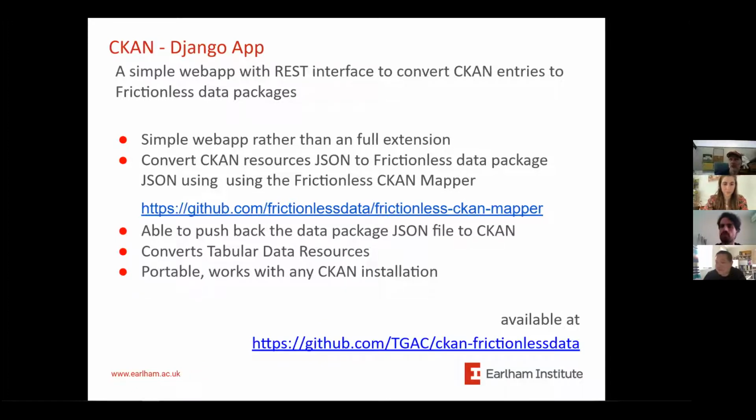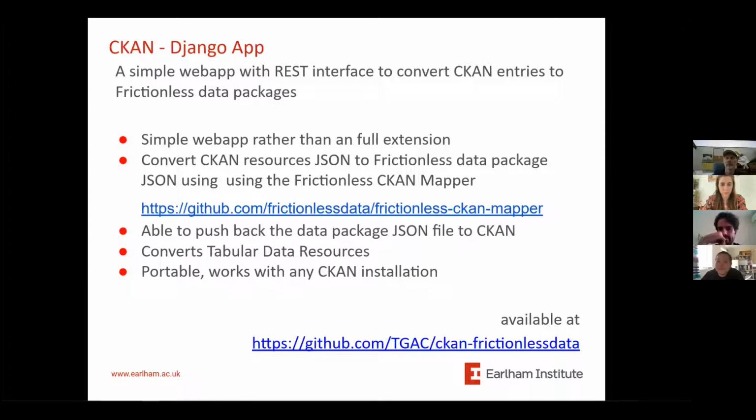By utilizing the REST API of the CKAN, as well as the already made frictionless data package mapper that Lily kindly sent me, we were able to easily convert any of the CKAN datasets into frictionless data packages.